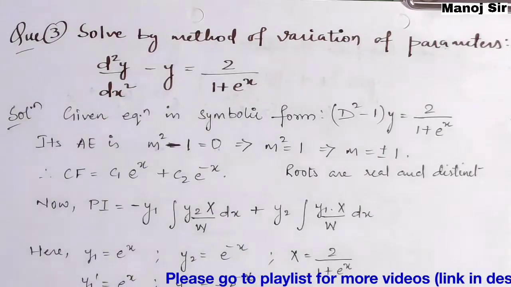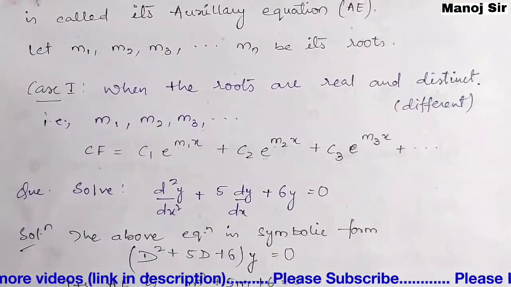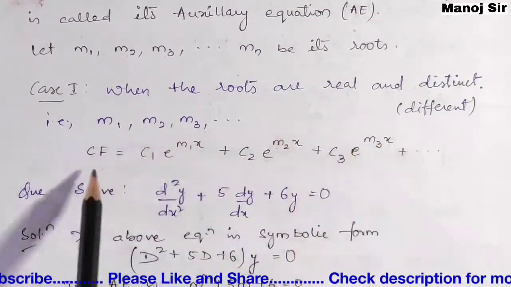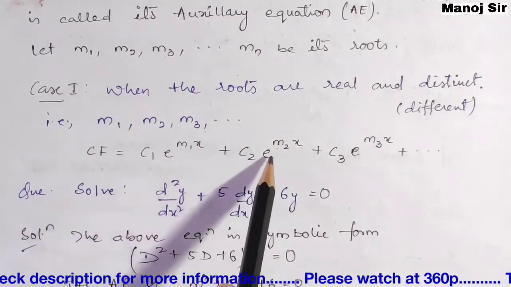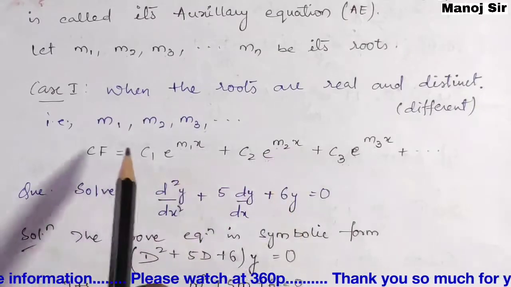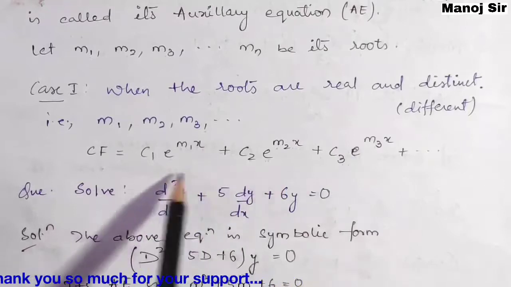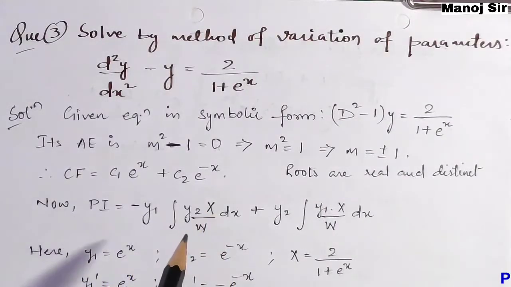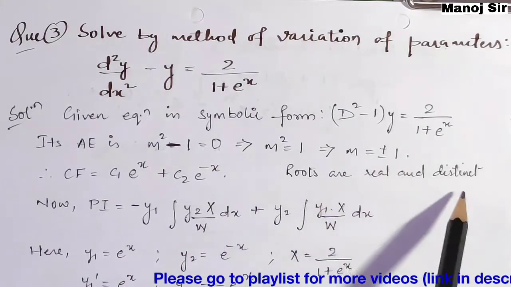And when the roots are real and distinct, what is the value of CF? When the roots are real and distinct, that is m1, m2, CF equals C1 into e to power m1x plus C2 into e to power m2x. Here the values of m are minus 1 and plus 1, so the roots are real and distinct.